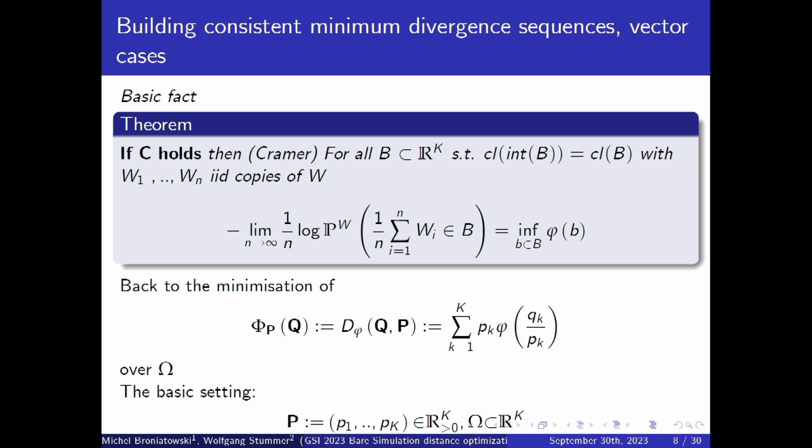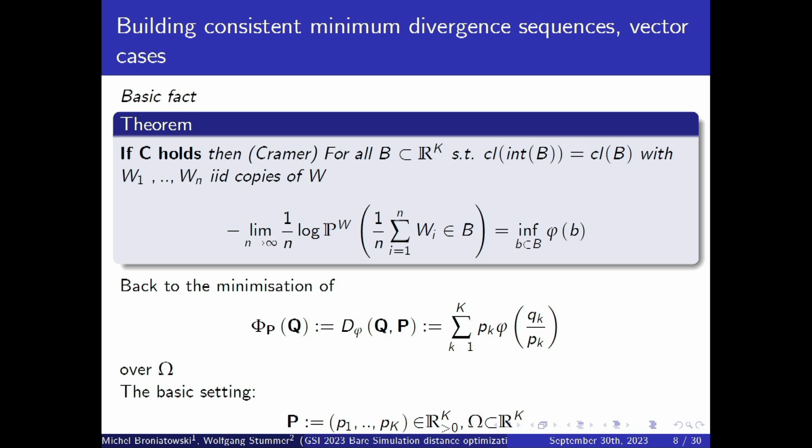The probability that the empirical mean belongs to omega can be approximated by exponential minus n times the infimum. This is the basic large deviation result on empirical means having light tails, say. So this is our first point.